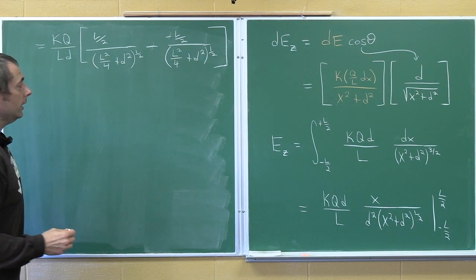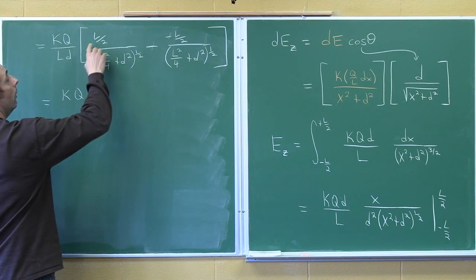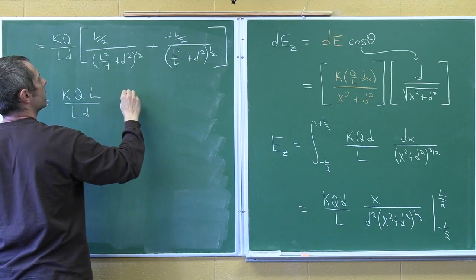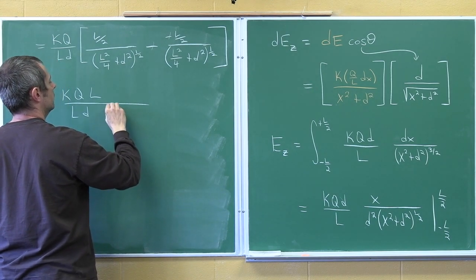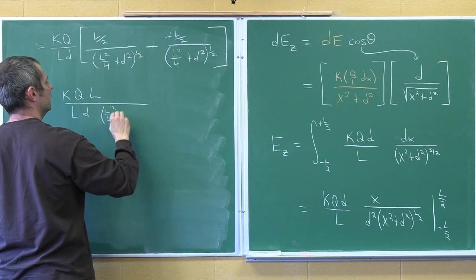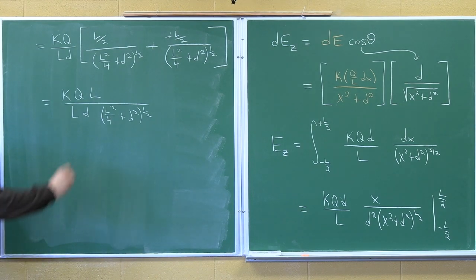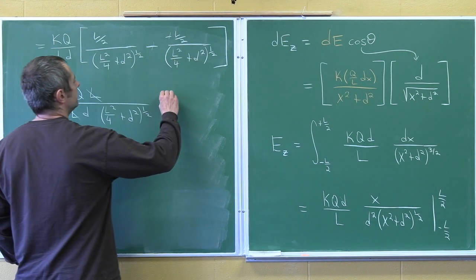So continuing on, K, Q, all this leads to L. And we could do this, okay? Now technically, I could rewrite this formula and be done, but sometimes it's customary to multiply the top and the bottom by 2.